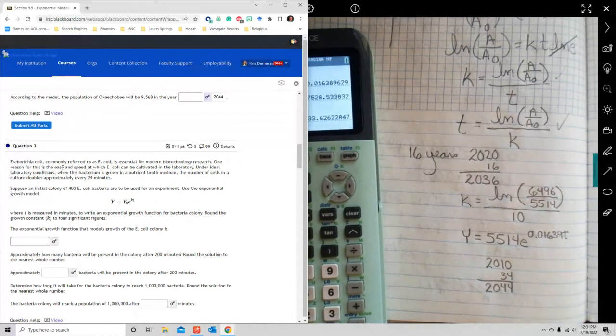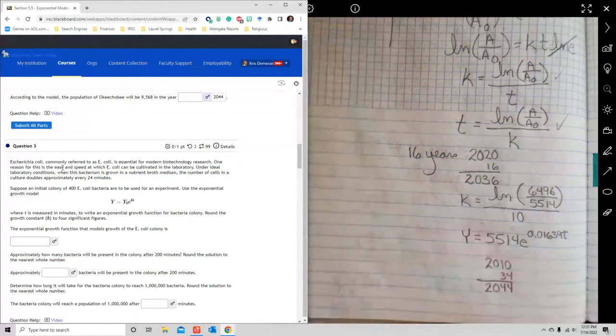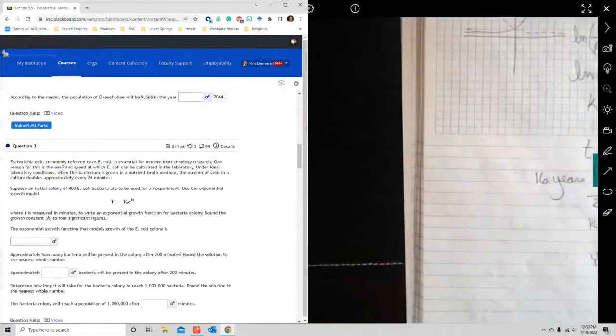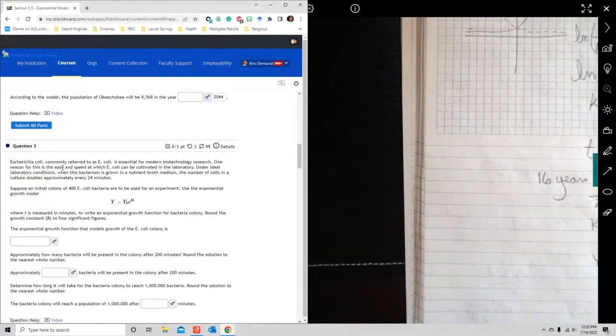Now, we don't know what the initial colony is; suppose 400 E. coli bacteria are being used for the experiment. We're looking at the exponential growth model to represent this, but we know that we need to find the growth factor.